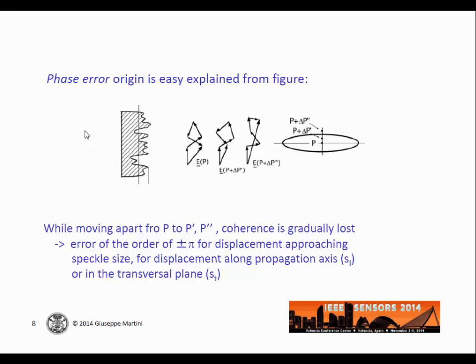When during the displacement you approach the speckle size, you have an error of the order of a wavelength, plus or minus pi. In interferometry, we have to deal with longitudinal speckle size.